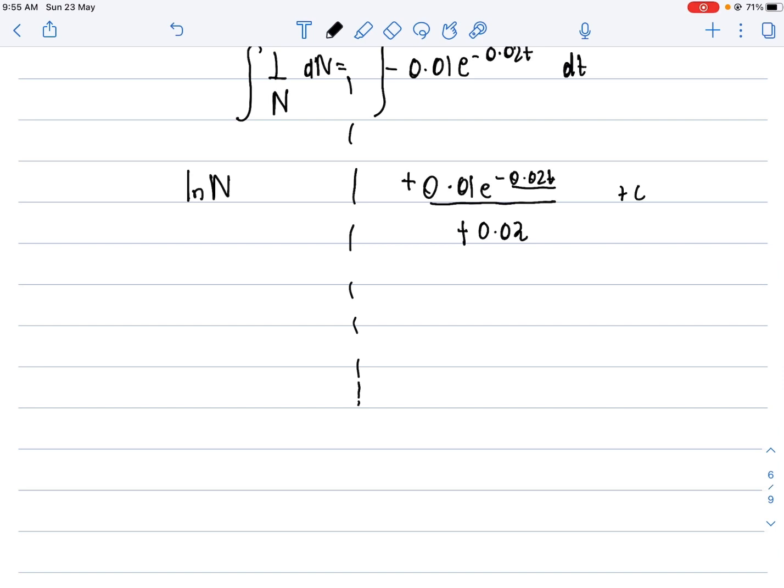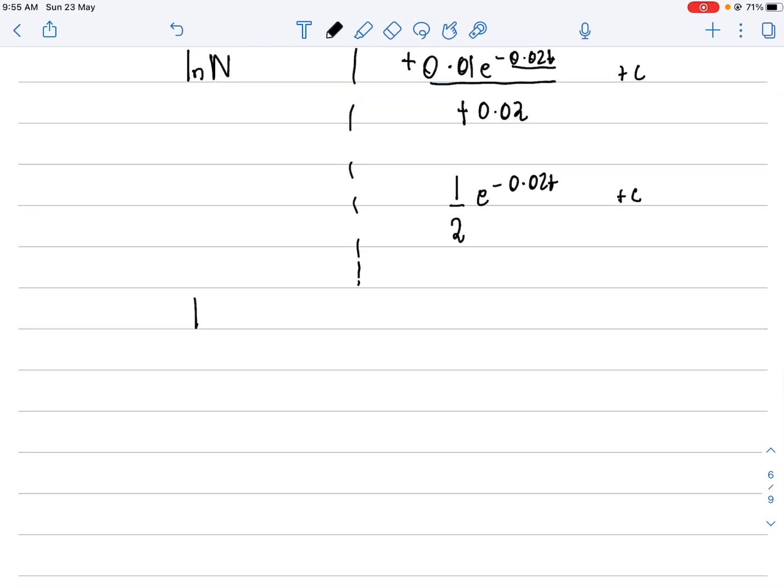I can cancel this, so I get ln N equals half e raised to minus 0.02t plus c.